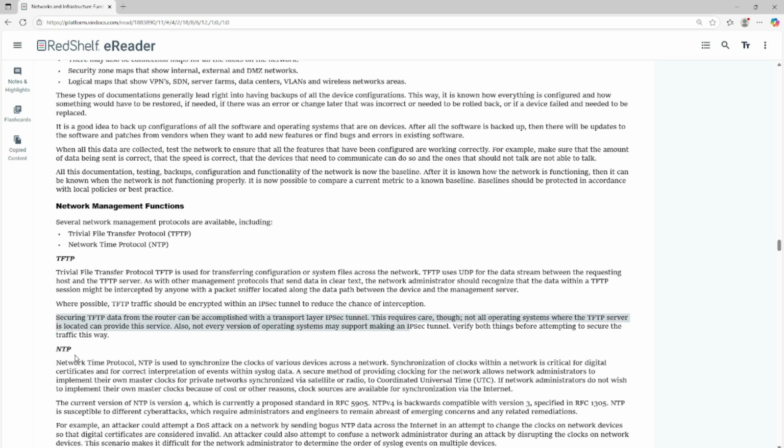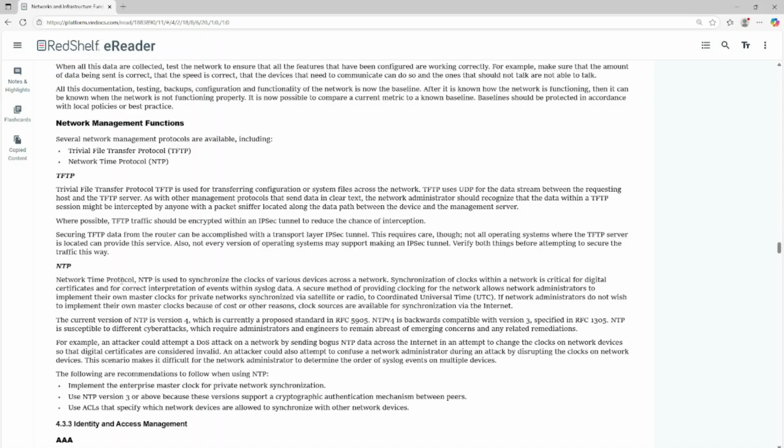NTP, Network Time Protocol. It is used to synchronize the clocks of various devices across the network. That's its role. How important is it? It's very important when it comes to digital certificates or for interpretation of events within system log data.